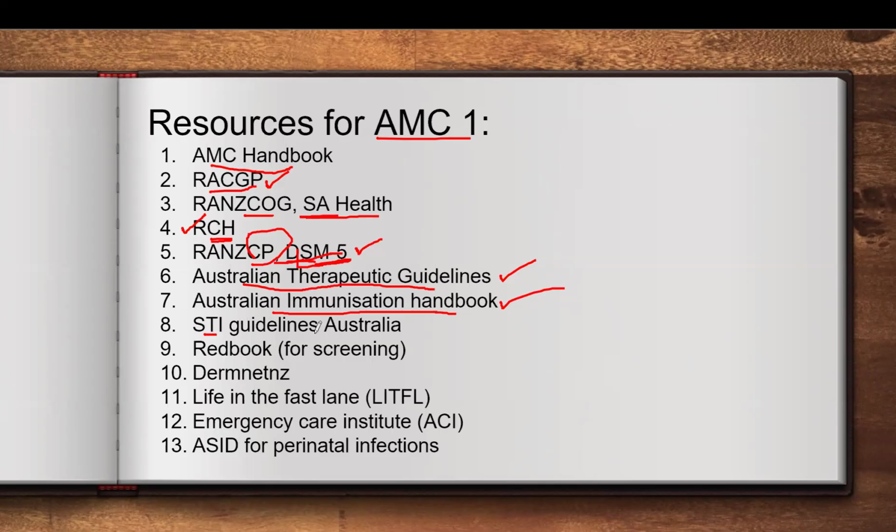Similarly, there is a website called STI Guidelines Australia, which we will look at for STIs. The Red Book is a book for screening of all diseases, like screening criteria, by the RACGP. In this book you have all the screening guidelines. For example, for colorectal cancer, we will have a look at the Red Book for the guidelines.